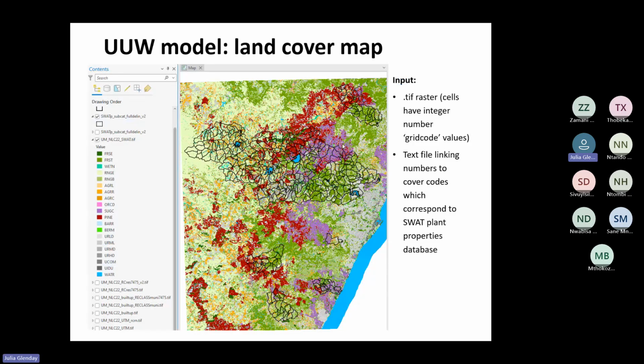We went through that a bit in the tutorial for the robot model, where there was a land cover map, and then there was a text file that linked the land cover numbers with the codes and the database. And I'll show you that in SWAT again as well.